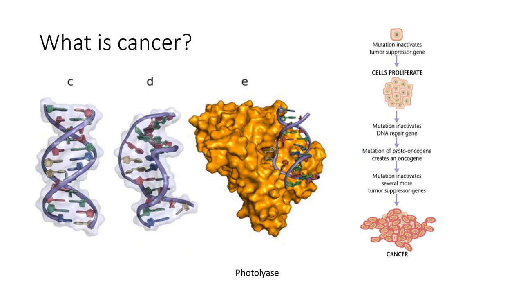But fortunately for us, most of the time, we will have an enzyme that will recognize these thymine dimers. Look here, we have our deformed DNA because of the thymine dimers.